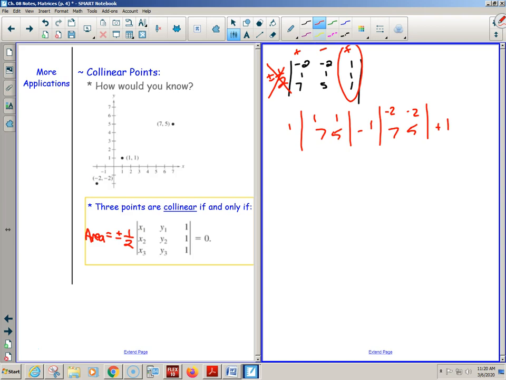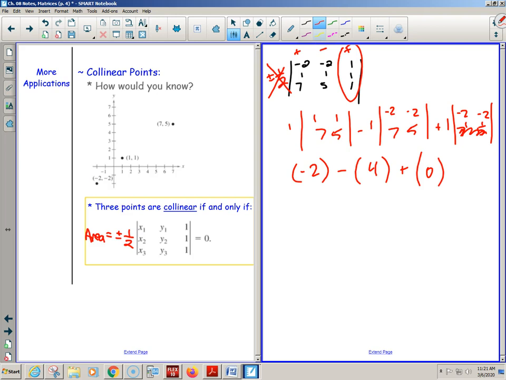And then the last little one with his little minors. All I need to know is whether this is going to be 0 or not. I have 5 minus 7, which is negative 2 times a 1, minus negative, oh, thanks, 1 instead of 7. Negative 10 minus negative plus 14, which will be 4. And then plus negative 2 minus negative 2, which is 0.